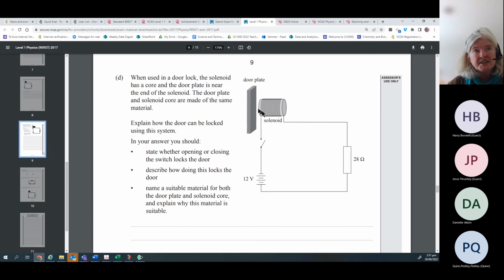And of course, the moment this gets magnetized, remember this is the south pole over here, and that's going to magnetize the metal as well. A magnet is attracted to a metal. So this door plate has to be metal to attract the magnetized soft iron over here.